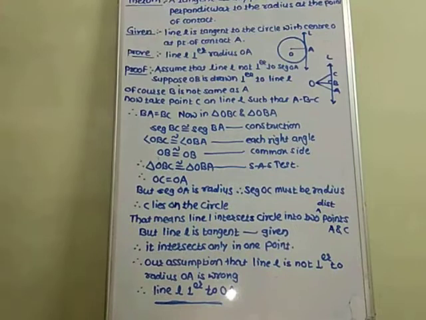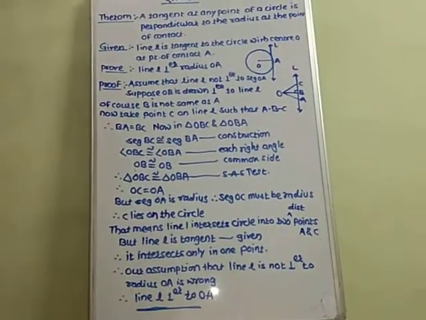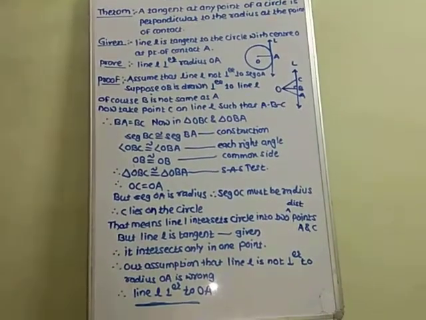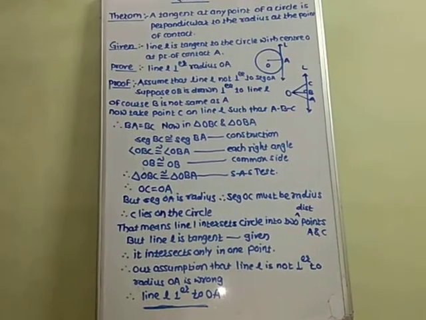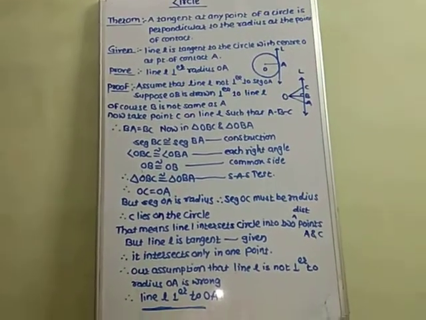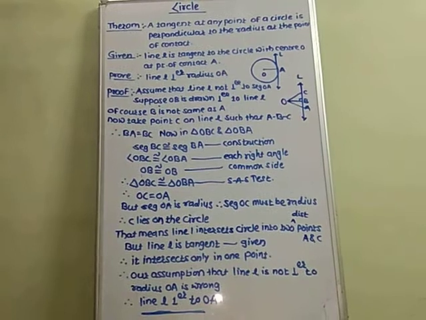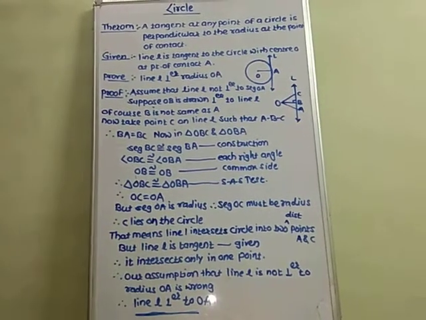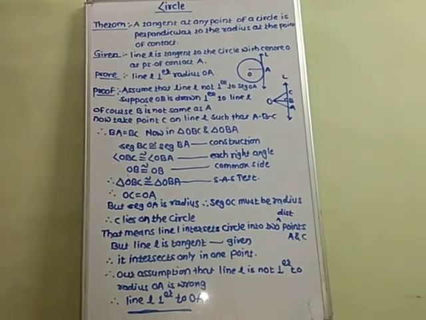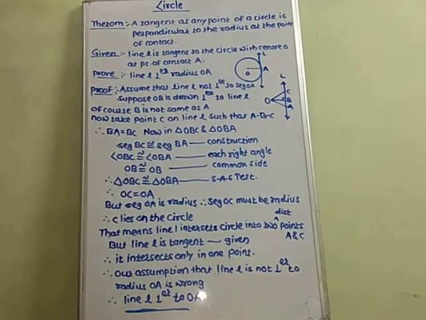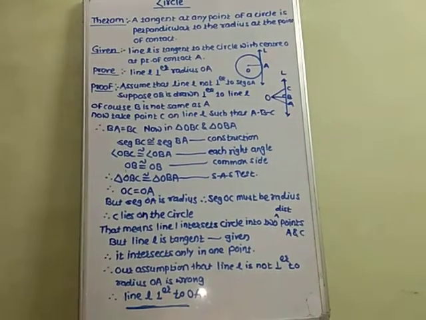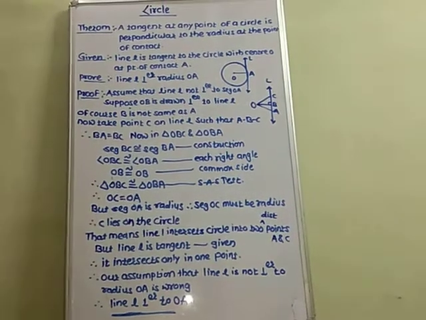In triangles OBC and OBA, BC is congruent to BA by construction, angle OBC is congruent to angle OBA, each a right angle, and OB is congruent to OB, a common side.